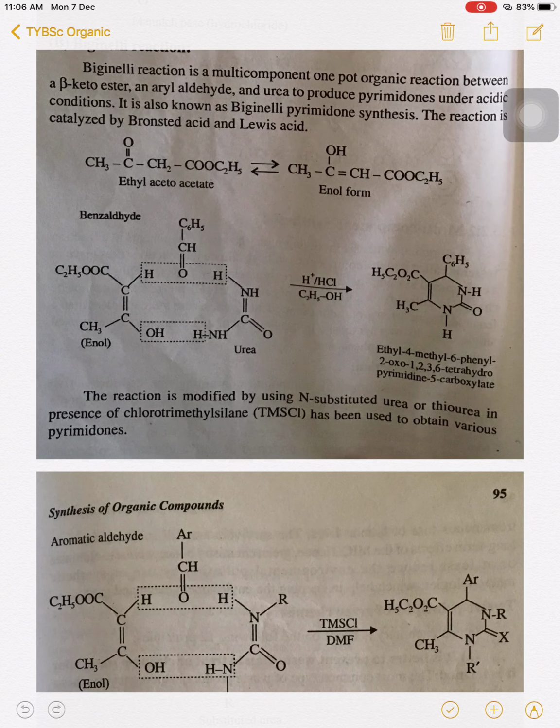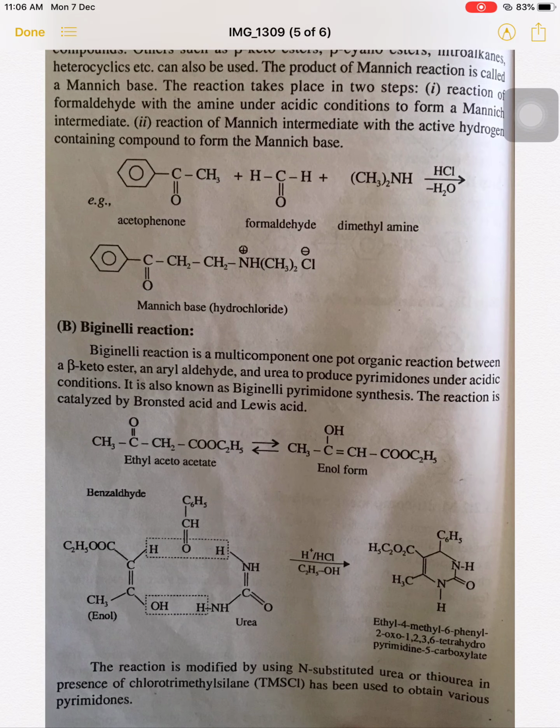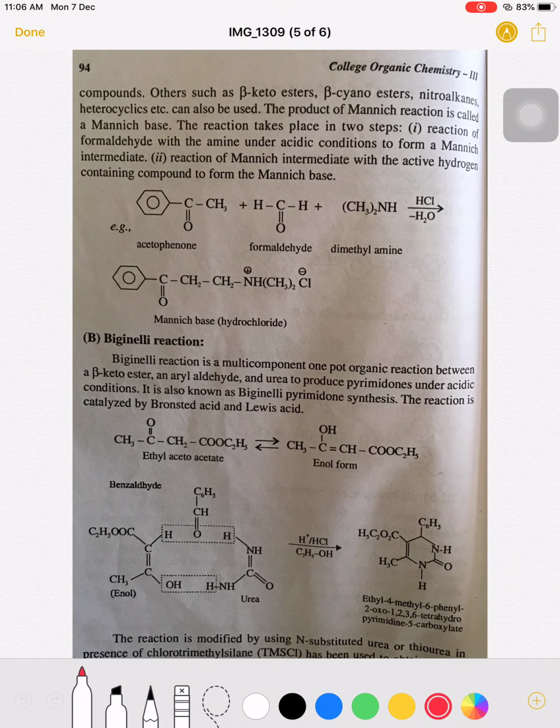See here, ethyl acetoacetate is used here in the enol form. So here we write the compound in this form: COC2H5 is here, carbon double bond carbon is written here, CH3 is written here, and OH is here.